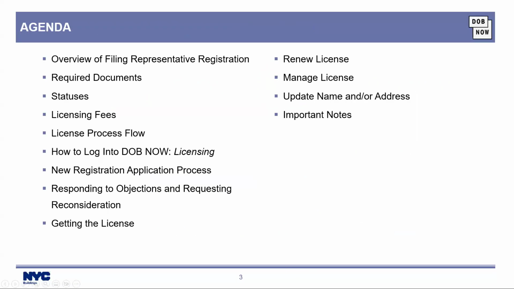So here's what we're going to cover today. I'm going to start with an overview of filing representative registrations. Then we're going to touch very briefly on required documents, statuses, and licensing fees. From there, we're going to talk about what the license process flow is to get licensed, approved, and issued to you. We'll talk a little bit about how to log into DOB Now licensing.